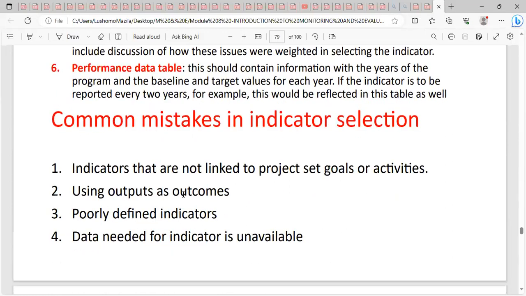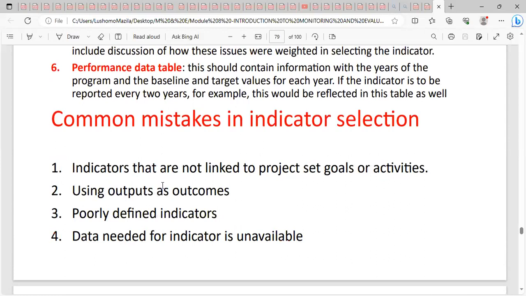So what are some of the common mistakes in indicator selection? We have indicators that are not linked to the program's set goals or activities. Let's take, for instance, the case of the Zamtel project, where they wanted to improve the data management system.